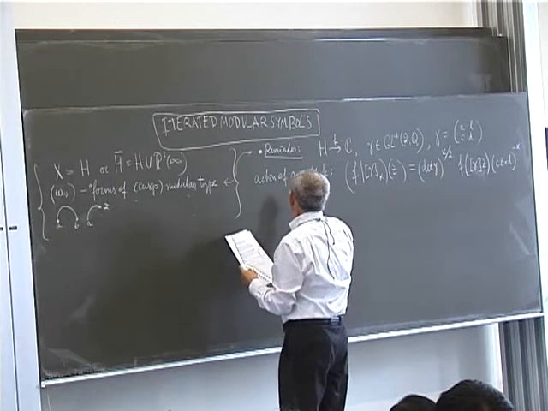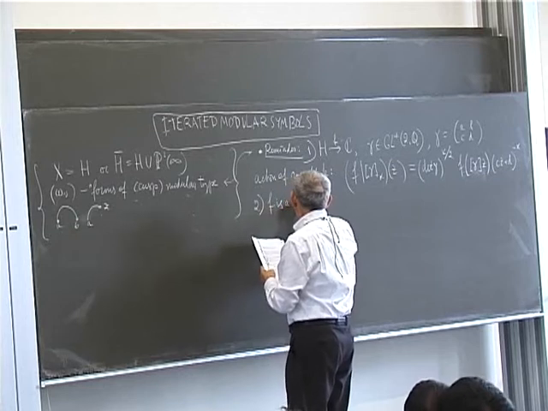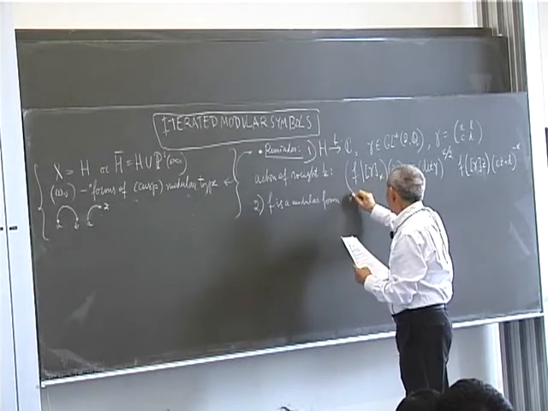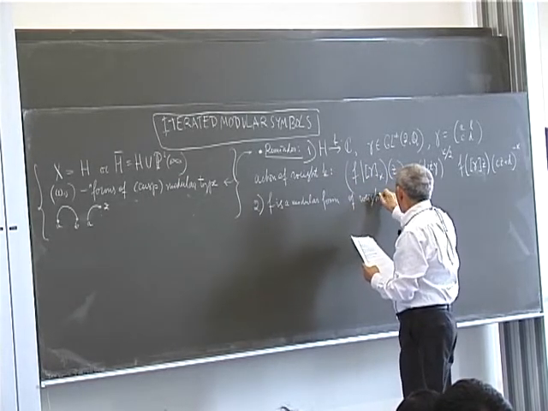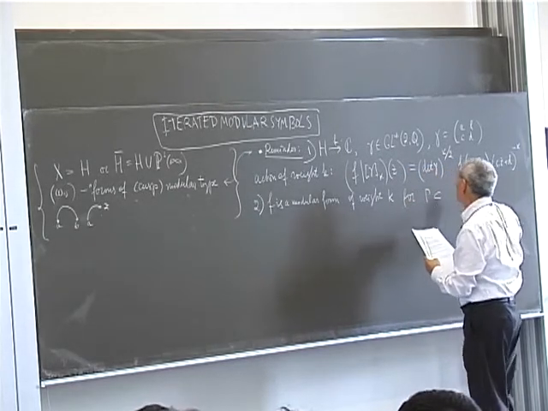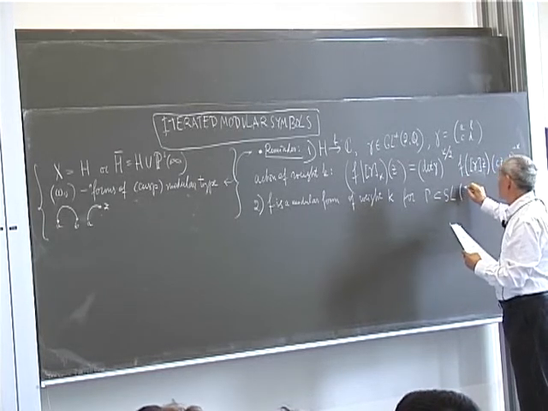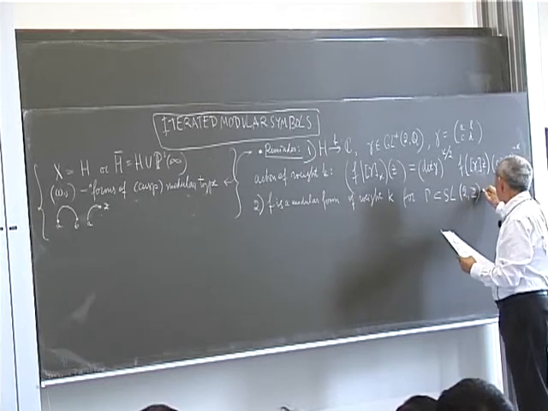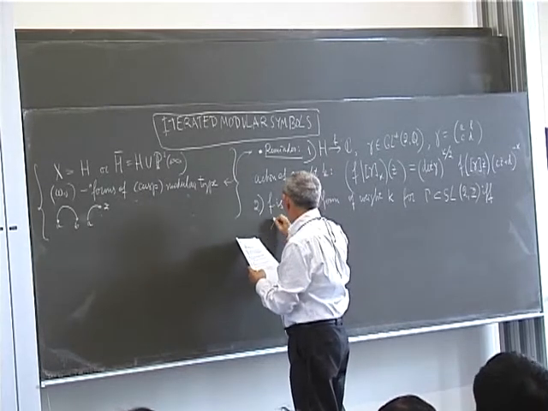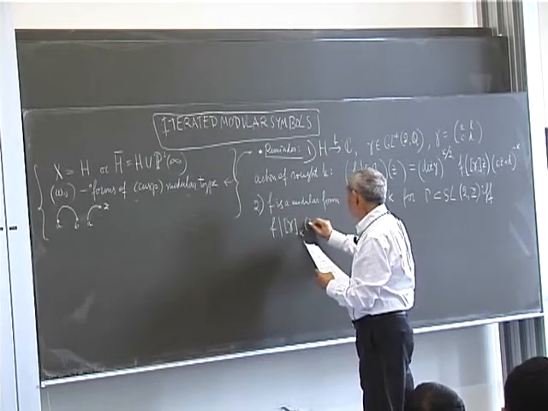Okay. So this will be the first part. The second part: f is a modular form of weight K for some gamma in SL, say, 2 Z, if we have this identity.